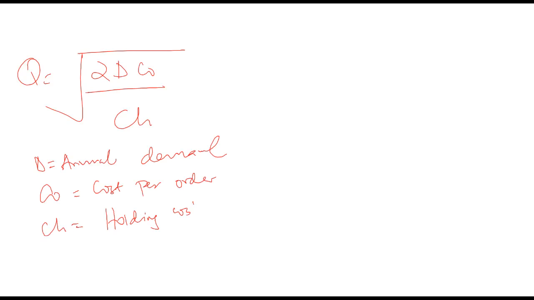Q is our optimal reorder quantity. Don't cram this. It is a formula the examiner will give you in the main exam, so it doesn't add any value to cram it. That's the Q proposed by the model.